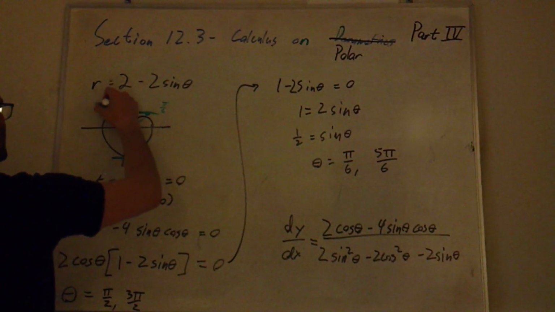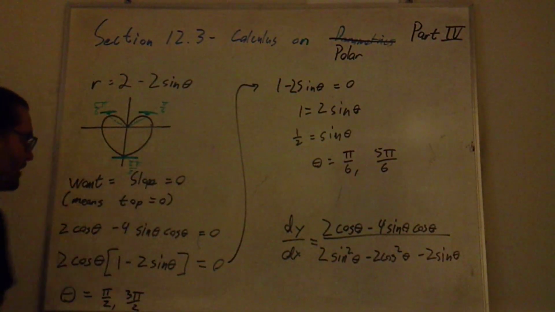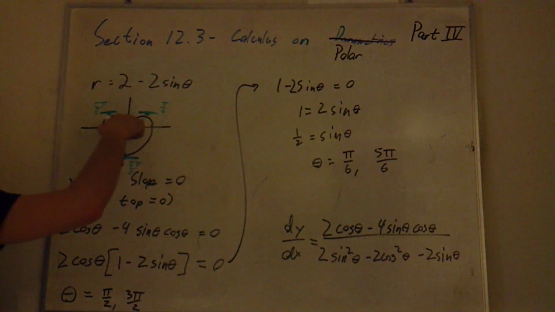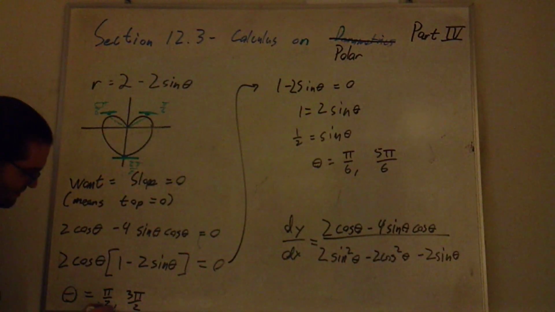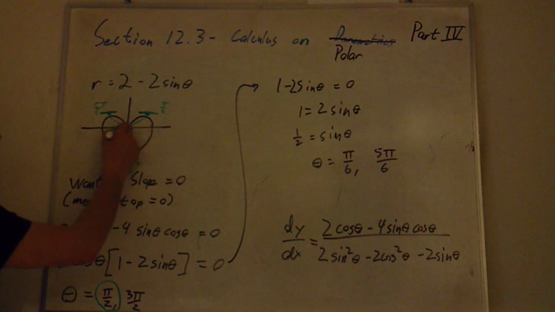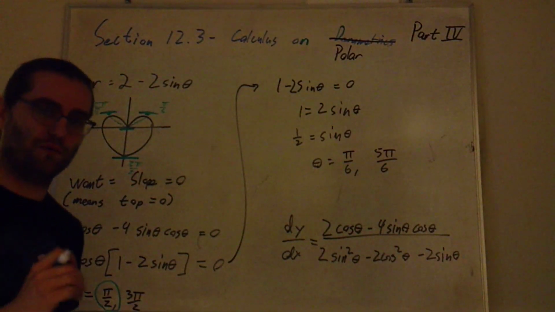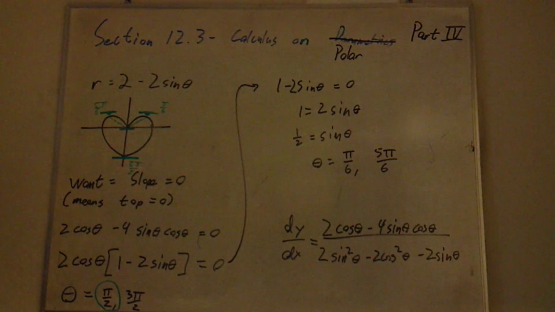This is our 5 pi over 6 angle. Here's our 3 pi over 2 angle. This thing in the middle, this pi over 2, that's this point right here. And we need to talk about that a little bit more before I'm ready to commit to that being a local max or min.